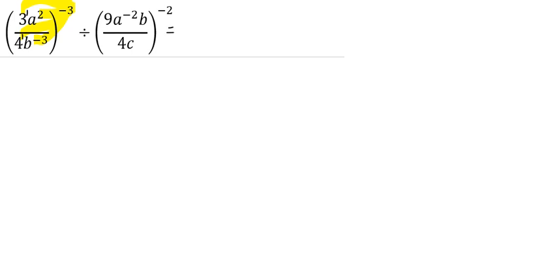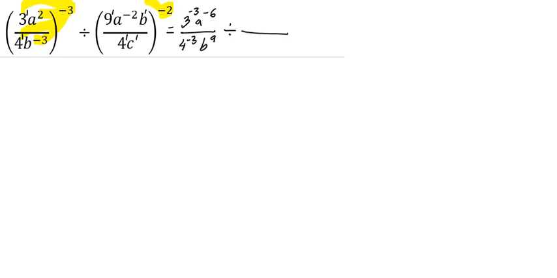So my first parentheses will look like 3 to the -3rd, a to the -6th, and then divide that by 4 to the -3rd times b to the +9. Divided by, now I'm going to do the same thing with the second parentheses, so 9 is to the first power, b is to the first power, 4 and c are all to the first power.